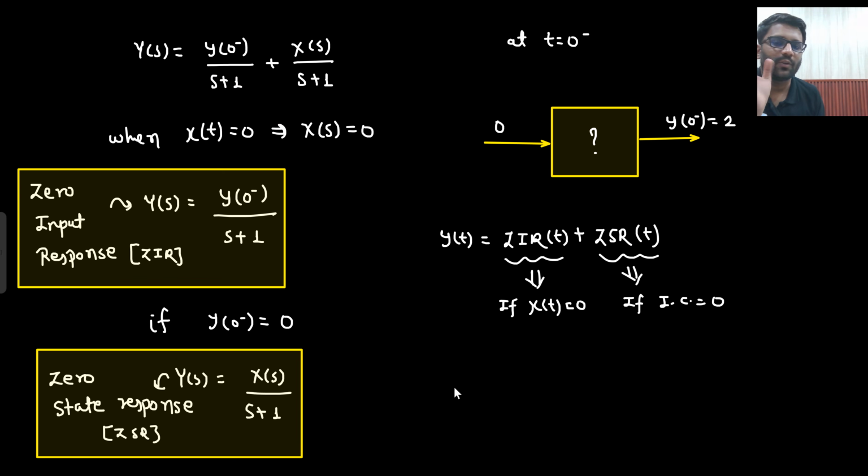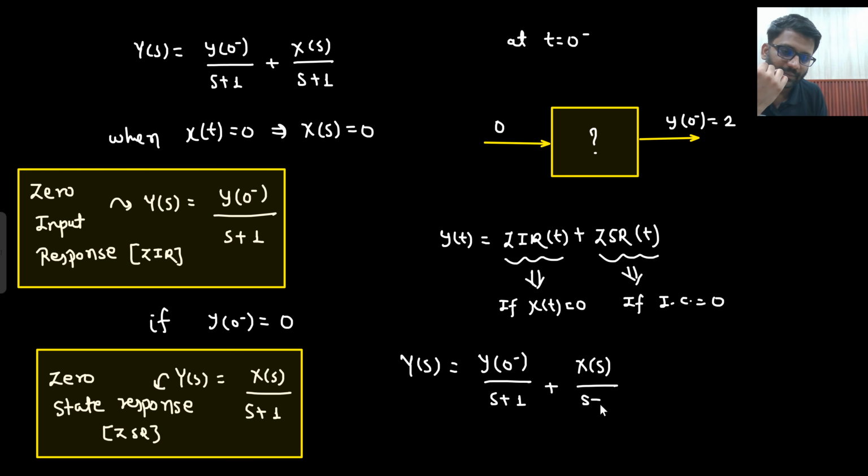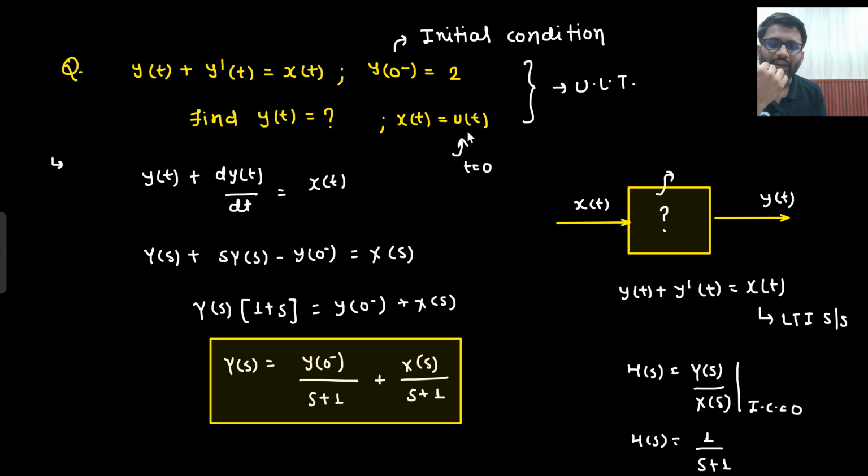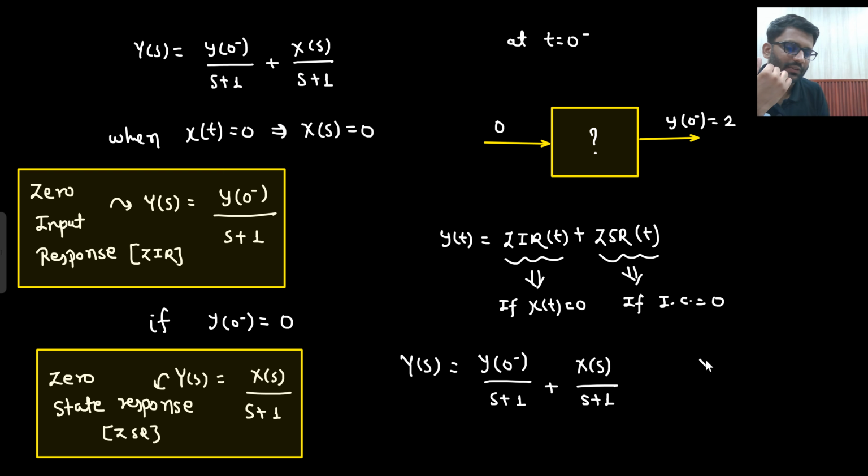Now let's write down your output y of t. Again, Y of s is y of 0 minus divided by s plus 1, plus X of s divided by s plus 1. x of t is u of t, so X of s is 1 upon s, and y of 0 minus is given as 2.